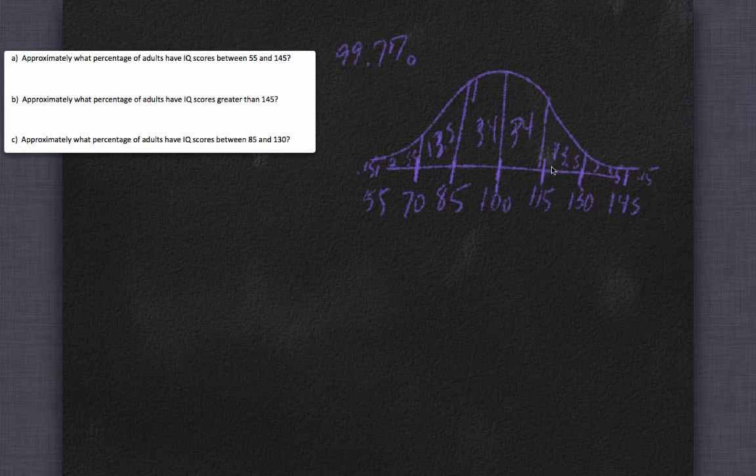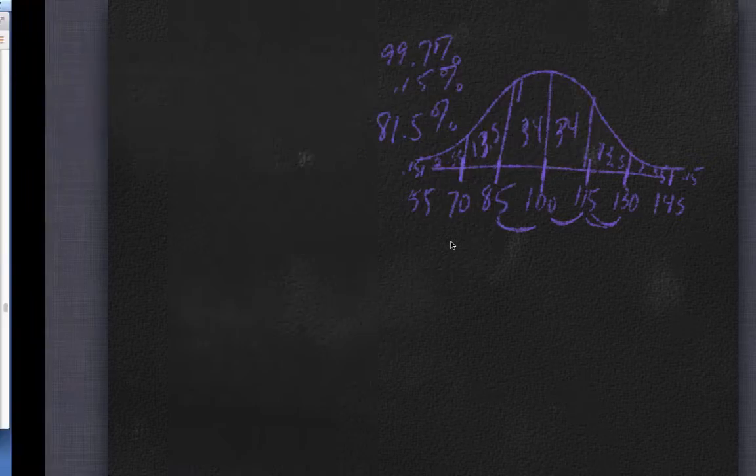Greater than 145 is just that 0.15 of a percent. Between 85 and 130, so we have 34, 34, and then that 13.5. So 81.5%. So we're just looking at these pieces and just adding them up for right now.